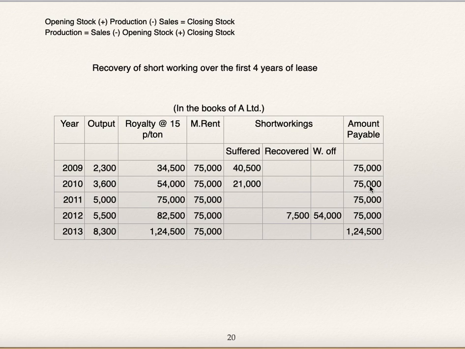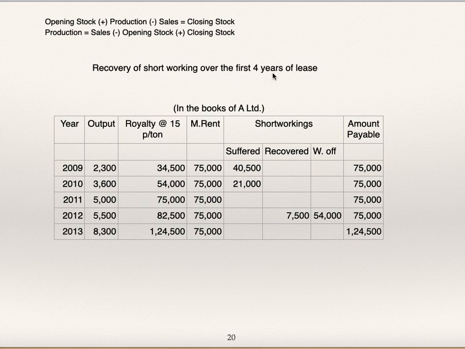Amount payable is 75,000, royalty or minimum rent, whichever is more. Next year, both are the same, so he has not suffered and cannot recover anything. Amount payable is 75,000. Fourth year, royalty 82,500, minimum rent 75,000, so he can recover the difference in these two. 82,500 minus 75,000 is 7,500.